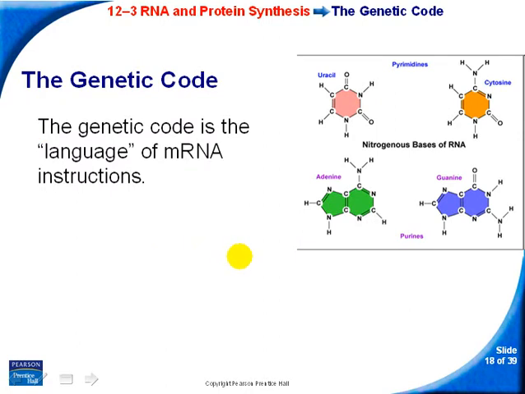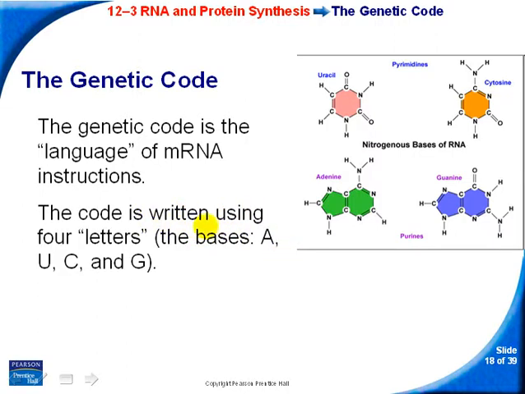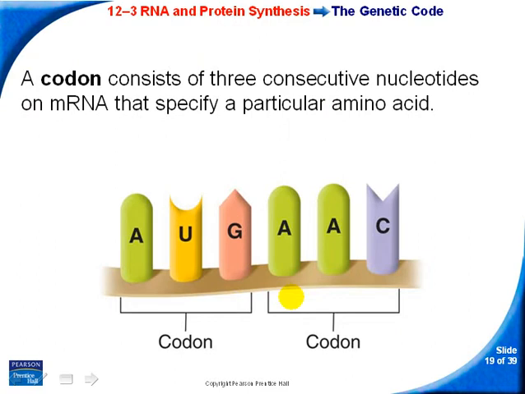So once again, the genetic code of the mRNA is in the nitrogen bases. The code's used with 4 letters, A, U, C, and G, just like DNA uses A, T, C, and G. So codon, this is very important. Codon is 3 consecutive nucleotides that specify a particular amino acid.